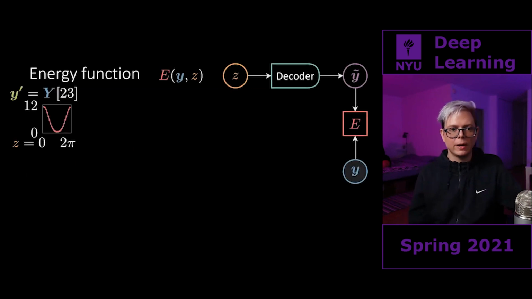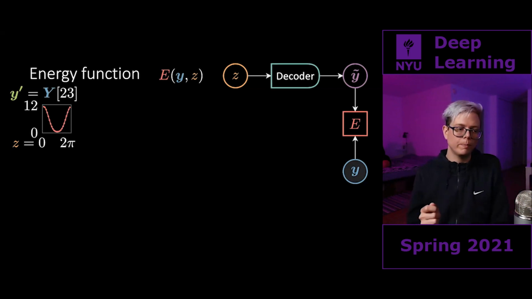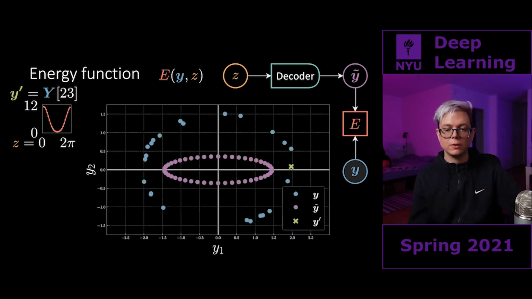Here we're going to be talking about the 23rd energy, the one arising when we pick the y from our training set that is the 23rd item, okay? And again, z goes from 0 to 2 pi, and the y-axis goes from 0 to 12. So this is what we're talking about here.